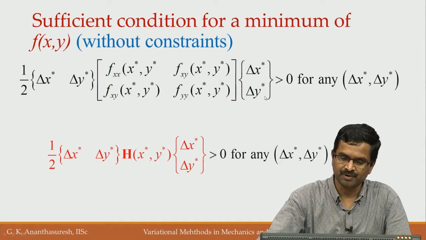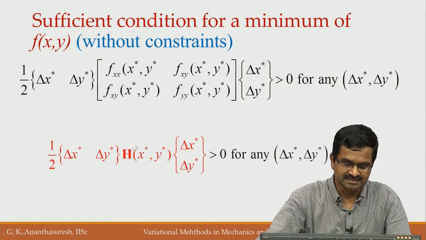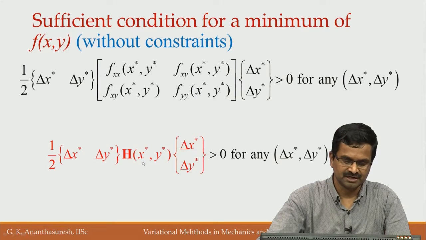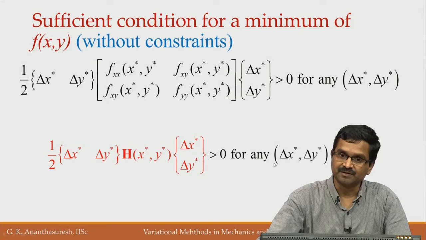If I take a 2 variable problem, these are the perturbations from x star and y star, the row vector form of that, the column vector here, and the 2 by 2 matrix, which we call the Hessian, denoted by H, evaluated at the putative minimum x star y star. This should be greater than 0 for any perturbation.